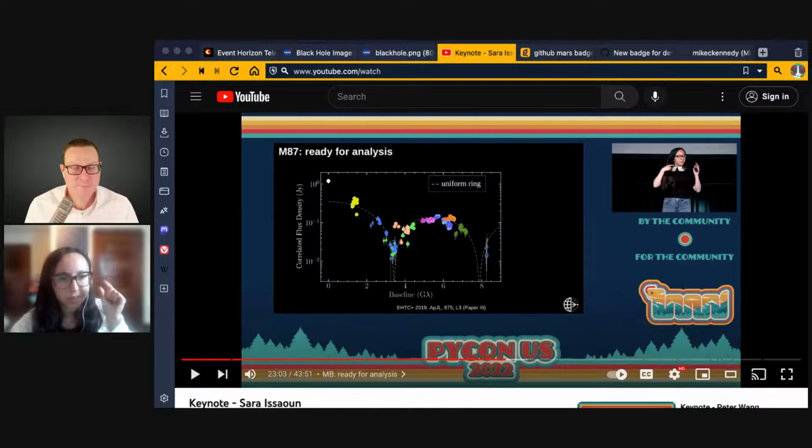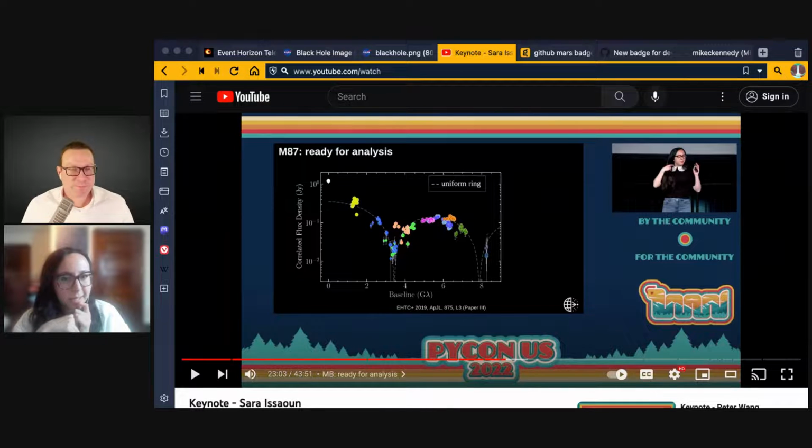Telescopes close together see a lot of signal in common. Telescopes far apart see smaller signal in common. And depending on their location, they probe different sections of the image. So what we see here is this double bump in the image.